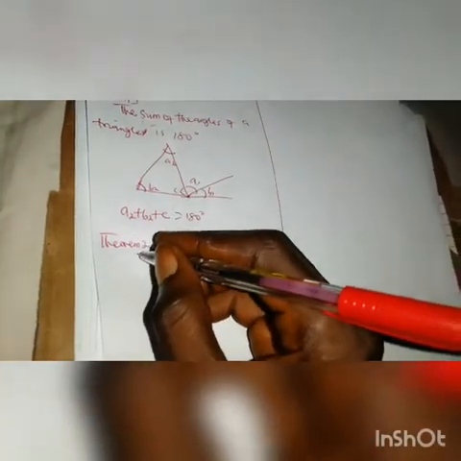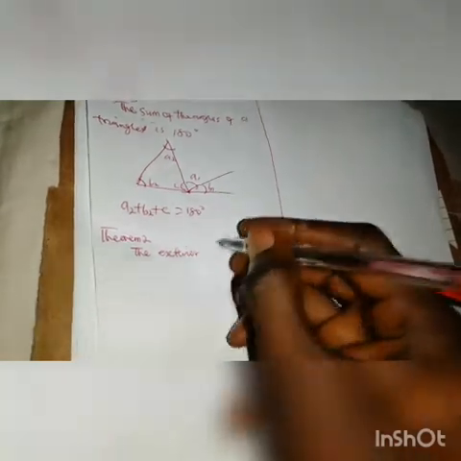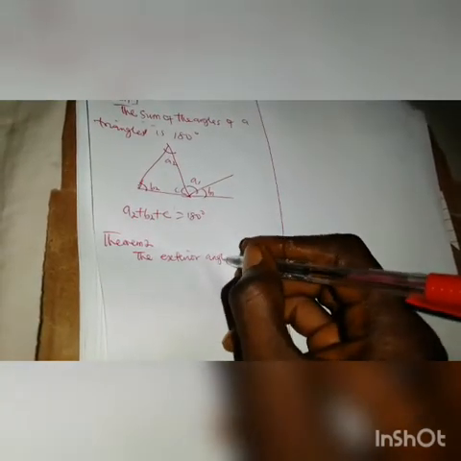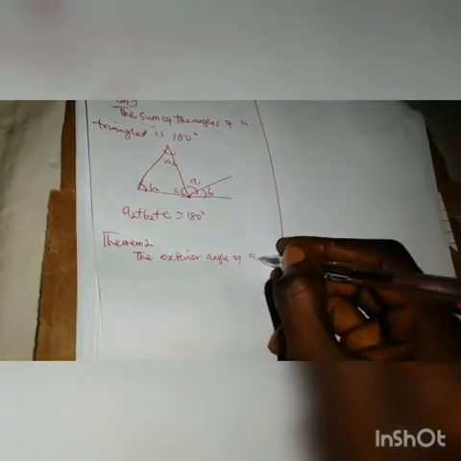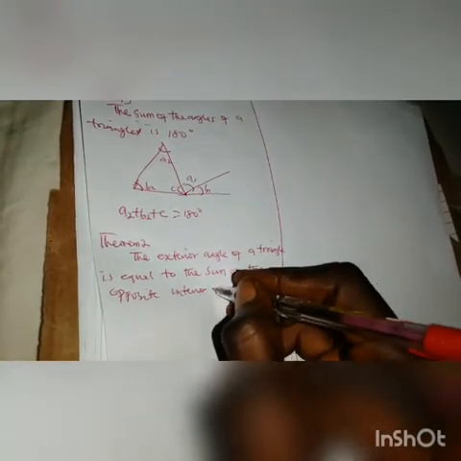So the second theorem is: the exterior angle of a triangle is equal to the sum of the opposite interior angles.